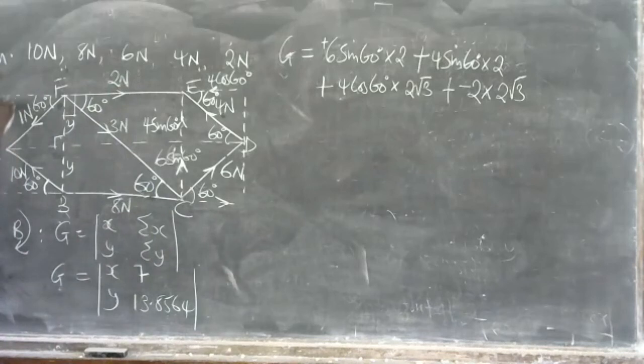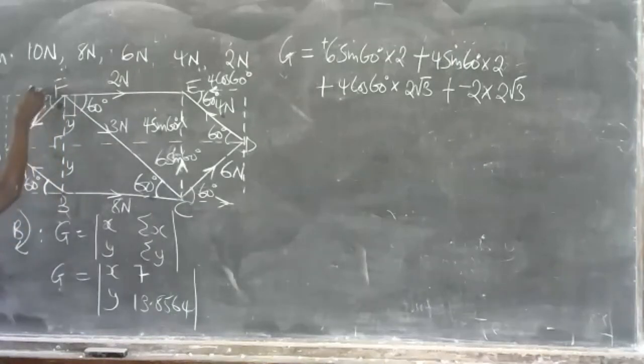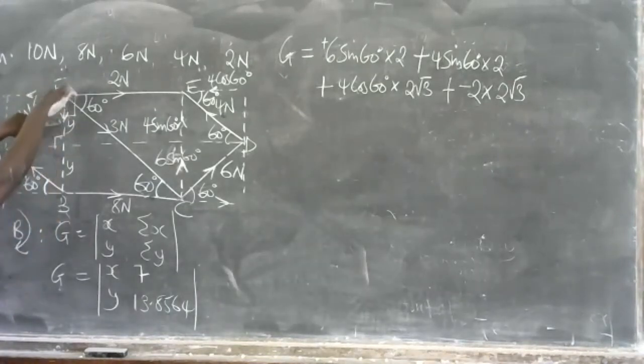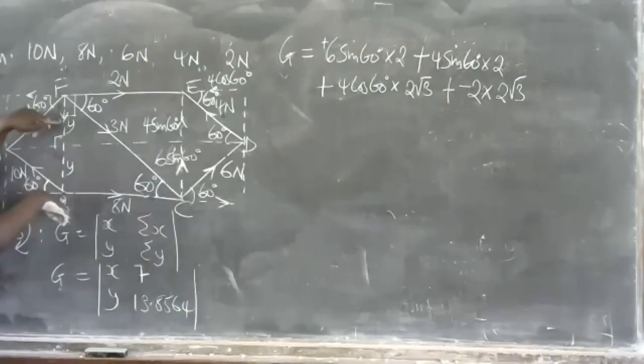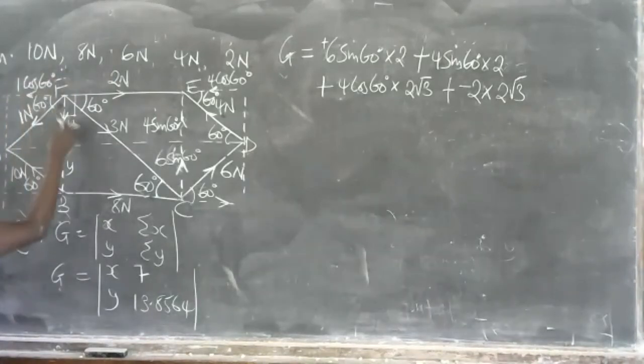Some people can resolve it from outside, but I've told you better use the inner point. The components, this is horizontal, this is vertical. The vertical component is not necessary because its line of action is passing through B. So we are left with only this component here, which is 1 cos 60, and about B, it is anti-clockwise.